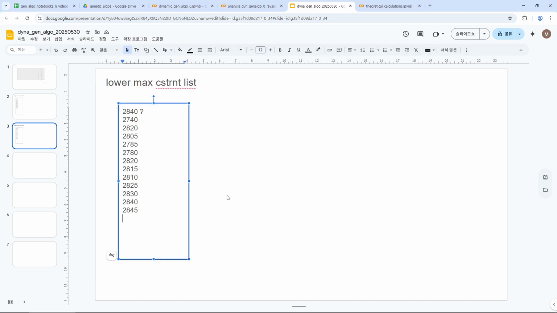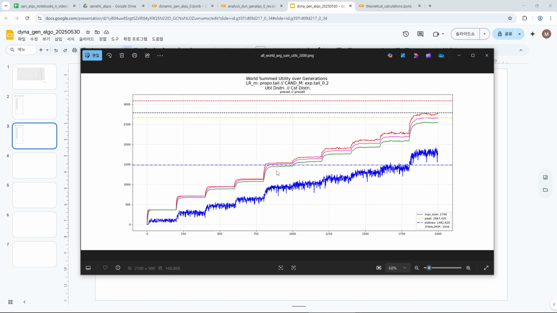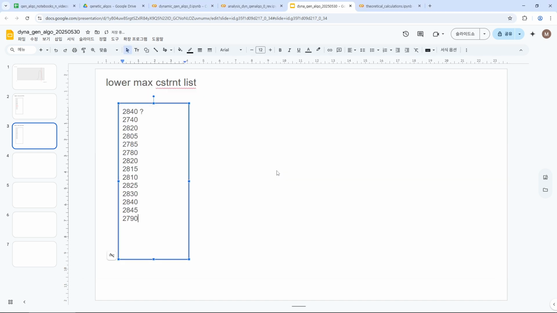So we got 2845, and in this one we got 2790, and this was from the setting where I had 2000 generations, 2000 entities in the population, and the candidate percentage back to 0.2, as in 20%, and we have 2790.